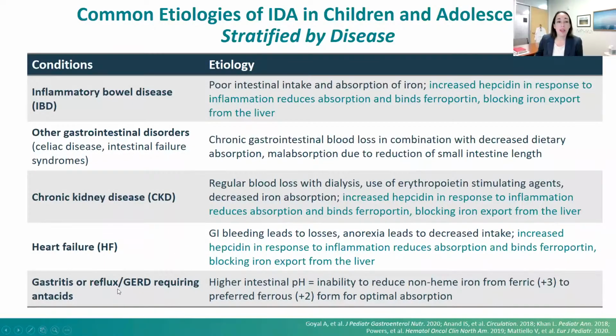And then children with heart failure, we've learned more and more that iron deficiency can have a lot of effects on the heart function itself, and is important to assess in those cardiac patients. Any children or adults who have gastritis or reflux that require antacids are also going to be at risk. So they have ongoing inflammation, potentially some occult GI blood loss. But then when they're on that anti-reflux medication, there is less conversion of that ferric iron to ferrous iron.